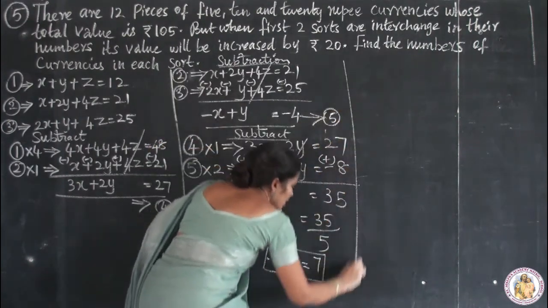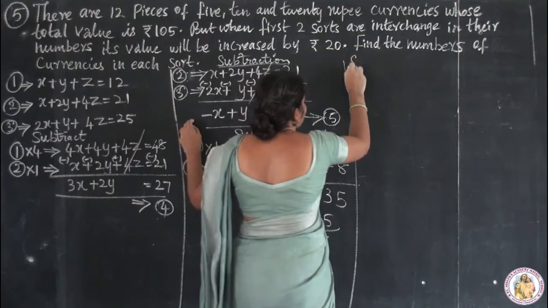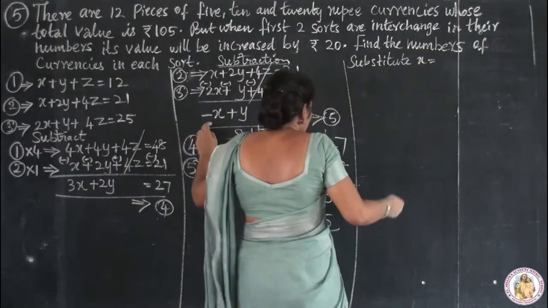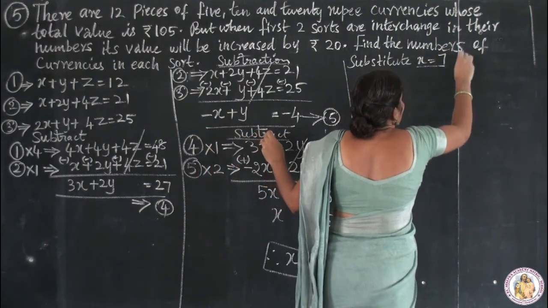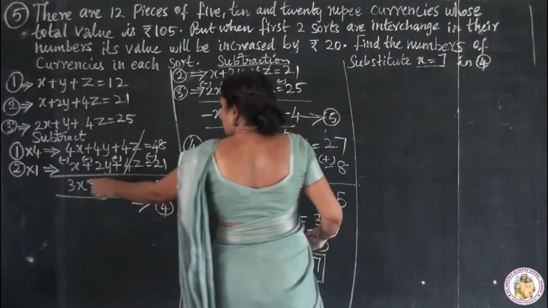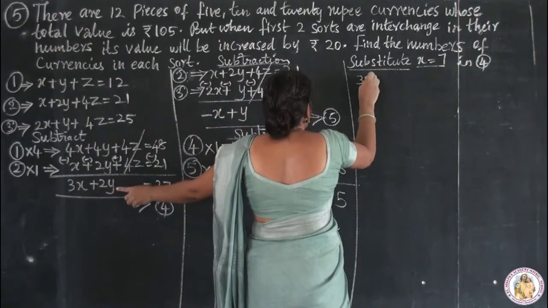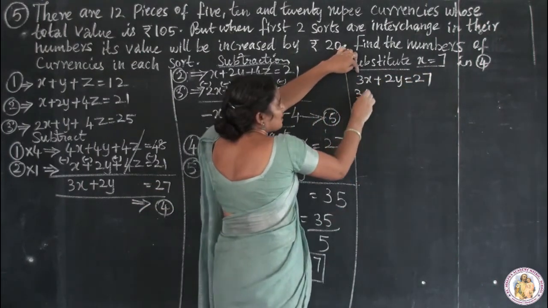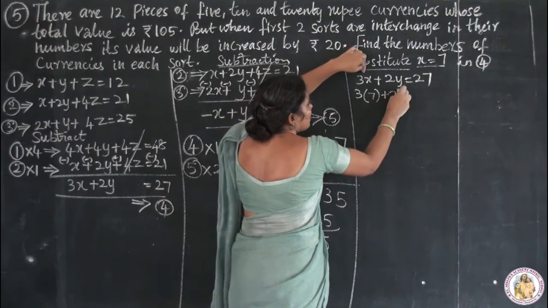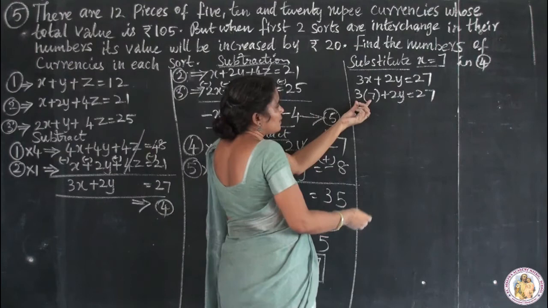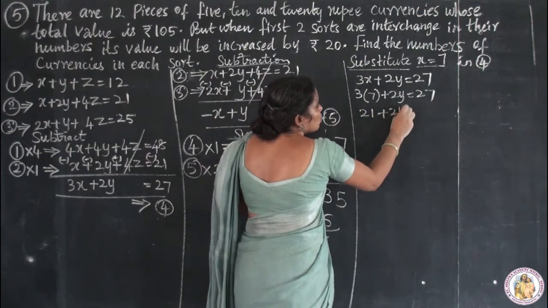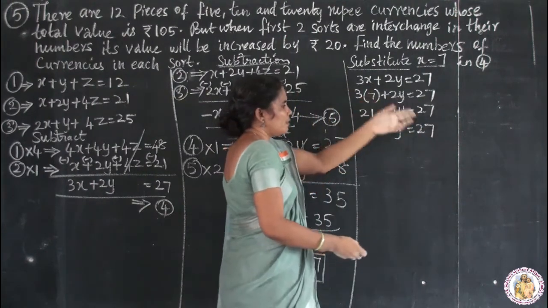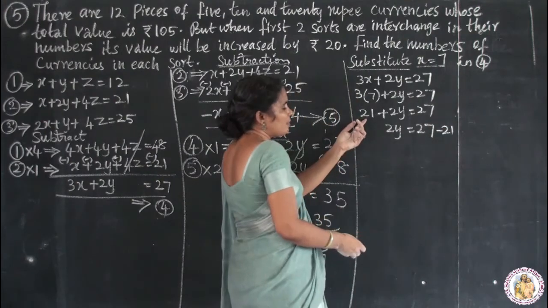Substitute x value in fourth or fifth equation. Substitute x is equal to 7 in fourth equation. 3x plus 2y is equal to 27. 3x is 7, plus 2y is equal to 27. 7 3s are 21 plus 2y is equal to 27. 2y is equal to 27 plus 21 will become minus 21.